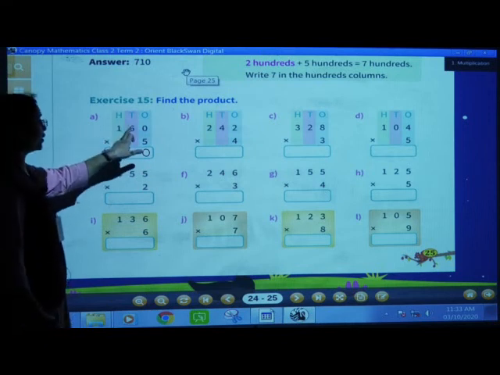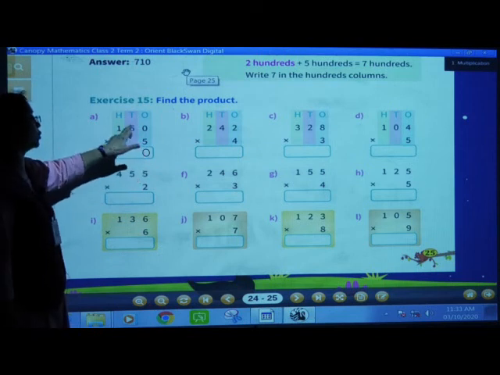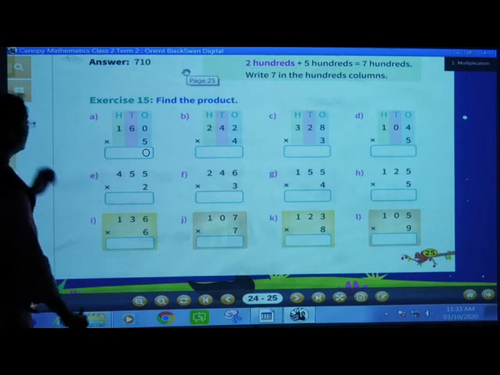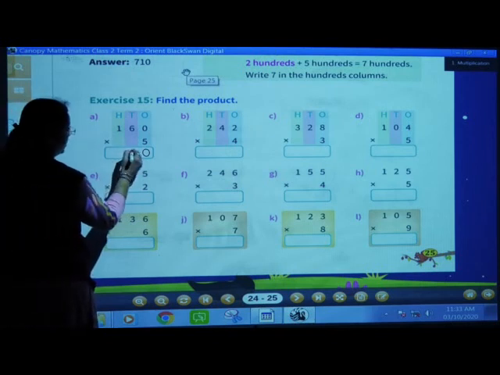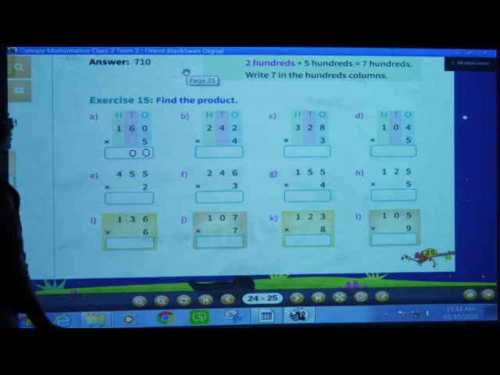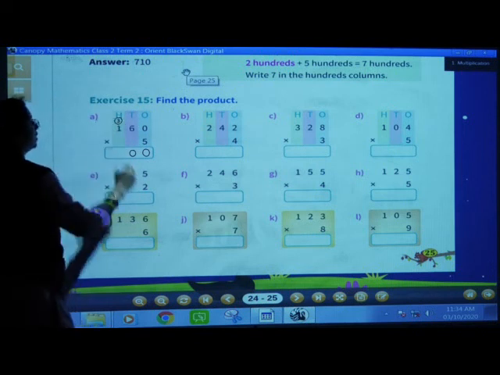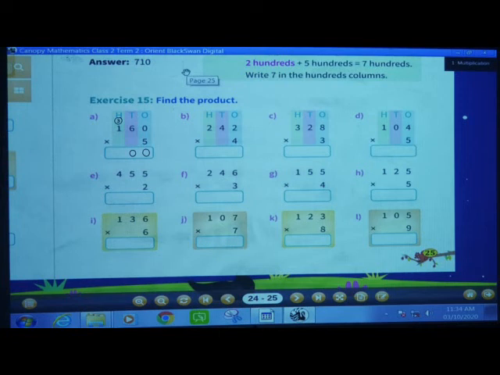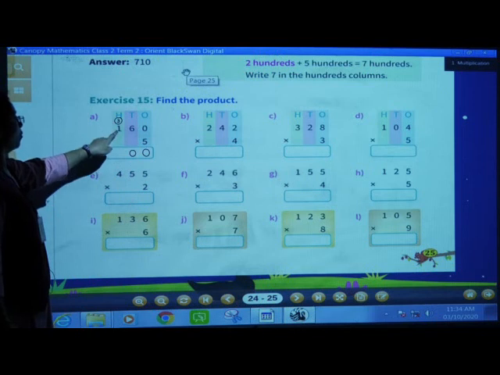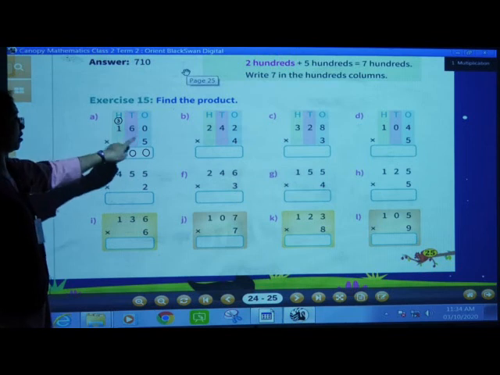Next, 6 tens multiplied by 5 means 5 into 6. 5 sixes, how much? 5 sixes are 30. 30 means 0 in the tens column and 3 is the carry over. Okay? Means 3 will be the carry. Next, 100 multiplied by 5. 5 ones are 5.